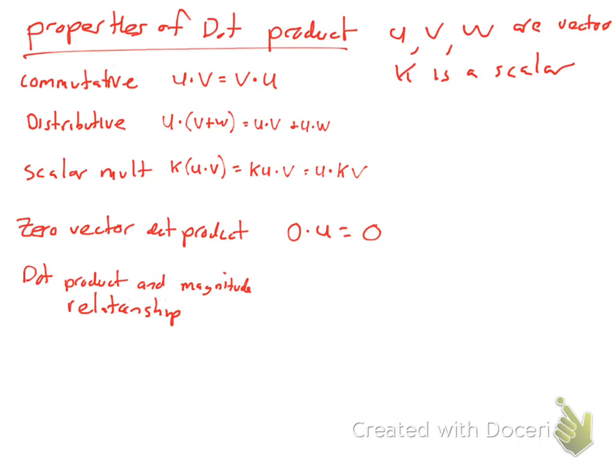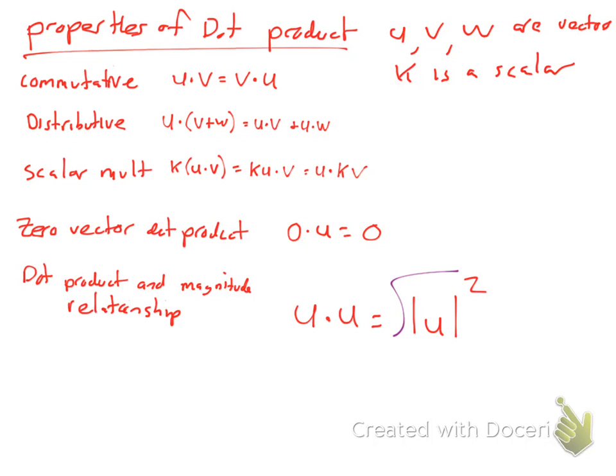And the last one, which is the one that we're going to most likely use, it says that U dot U, so the dot product between a vector and itself, is equal to the magnitude of U squared. Now I'm going to modify this for ease of use. What happens if I wanted to solve for the magnitude of U by itself? What do I have to do to both sides?